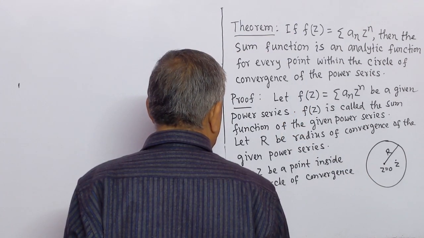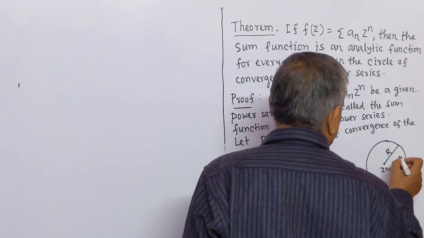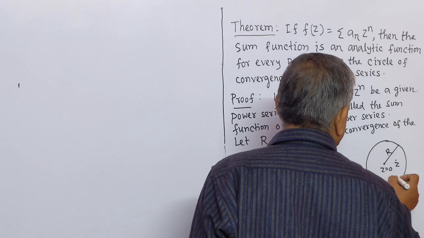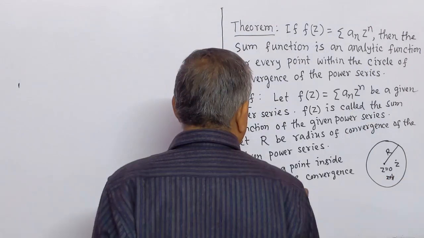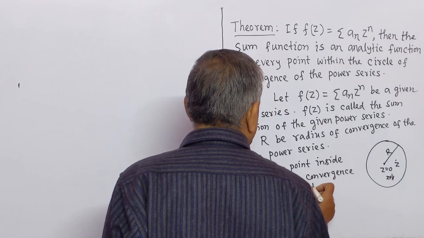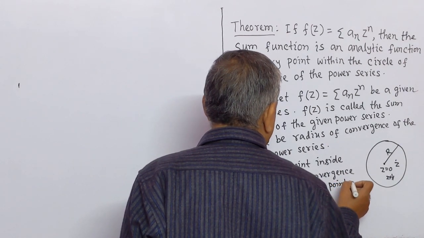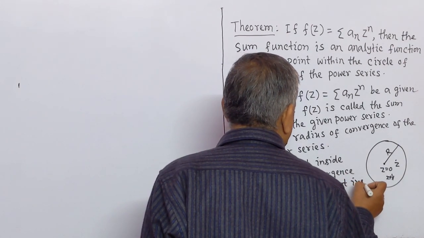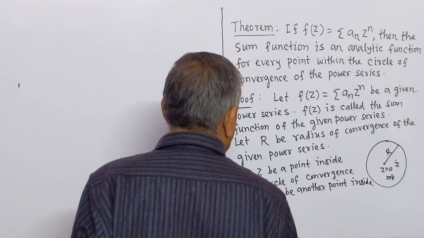and z plus h, let this be z plus h, be another point inside the circle of convergence.